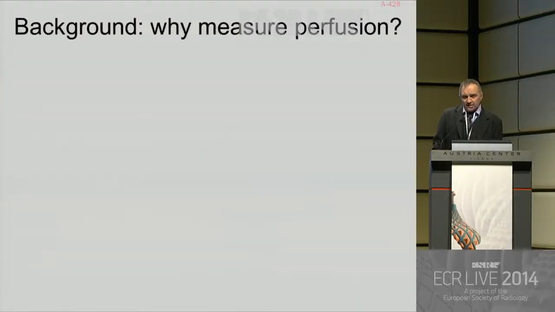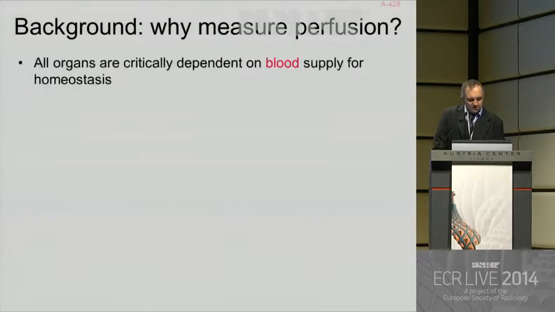So I wanted to give a very general introduction, not stealing the thunder from any of my dear friends and colleagues who are going to follow me. But really, why would you like to measure perfusion?